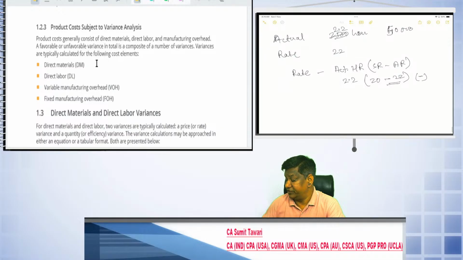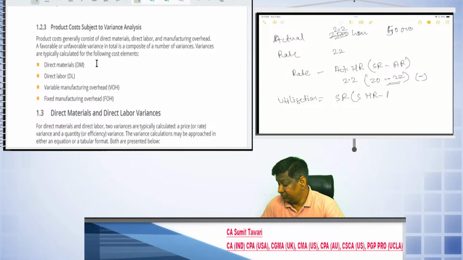So you will get the negative variance. And then rate, and then utilization. When we are calculating it, the standard rate multiplied by standard hours minus actual hours.